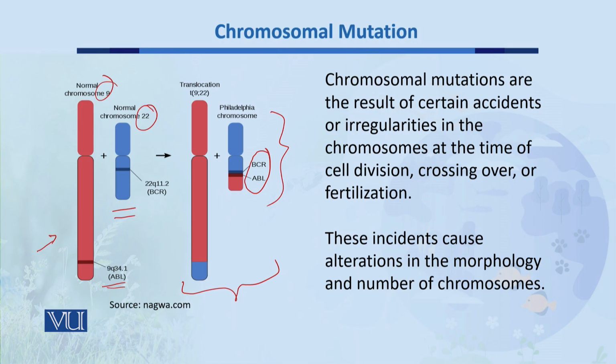This chromosomal mutation results in very deleterious effects. These mutations are the result of certain accidents or irregularities in chromosomes at the time of cell division, crossing over, or fertilization. These incidents cause alteration in the morphology and number of chromosomes, which ultimately leads towards various genetic diseases.